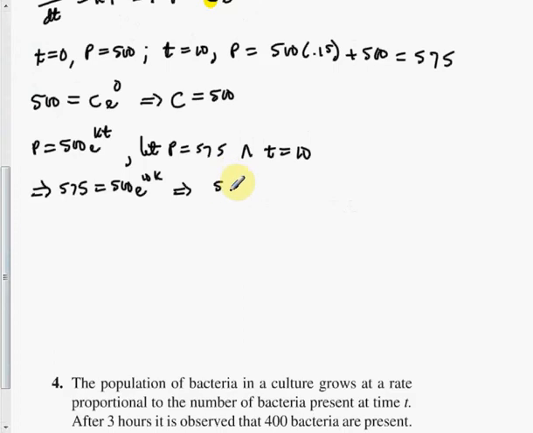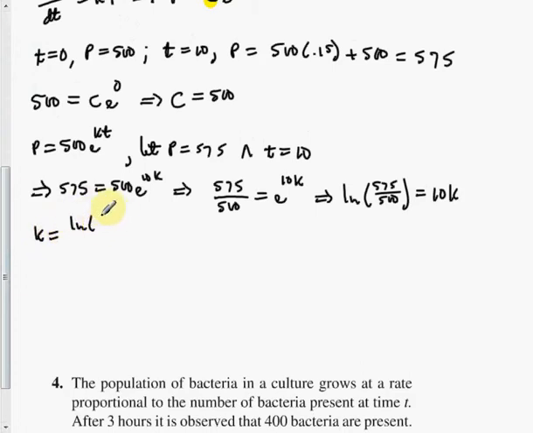So anyway, 575 over 500 is equal to e to the 10k. Take the natural log of both sides. ln of that is equal to 10k. So k is equal to the natural log of 575 over 500, divided by 10. So what do you get there for k?